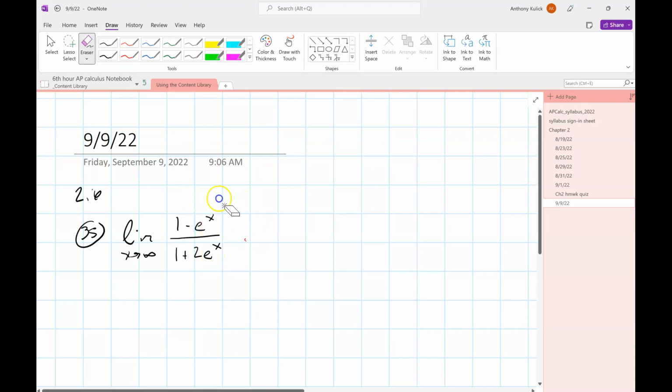Now, you want to see this algebraically. What I would do is multiply 1 over e to the x to the top and the bottom. So I'd have 1 over e to the x minus 1 over e to the x plus 2. And when I apply the limit to the numerator and denominator, 1 over e to the x is like 1 over big.